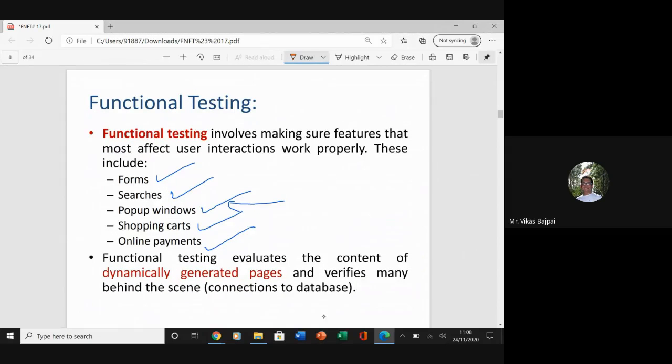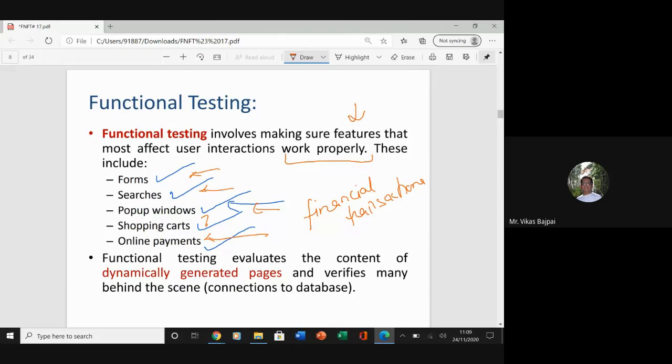Where we said that we make sure that the features that mostly affect the user interaction should work properly, and these features include a form in a portal, the search options, the pop-up windows, the shopping carts, plus the online payment. Of course, whenever we are dealing with some or the other financial transactions, we need to be very cautious, right?